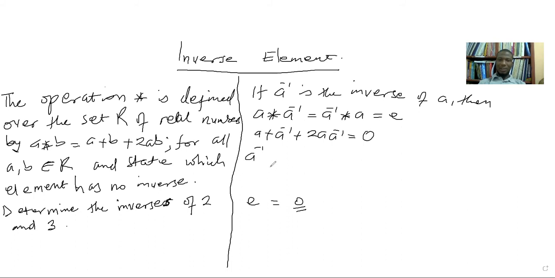A inverse plus 2A inverse should be equal to 0 minus A. We factor A inverse out, we get 1 plus 2A, and that should give us negative A.